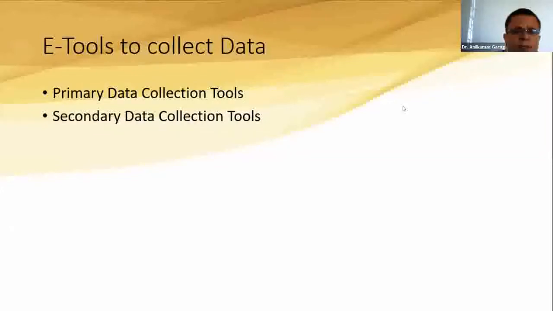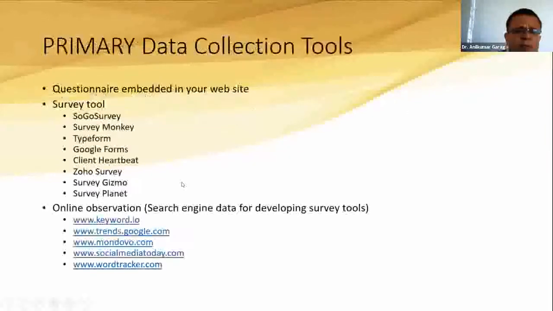Let's look at how do we collect primary data from the e-tools that are there. One of the important things that we do while collecting primary data is we use a questionnaire.